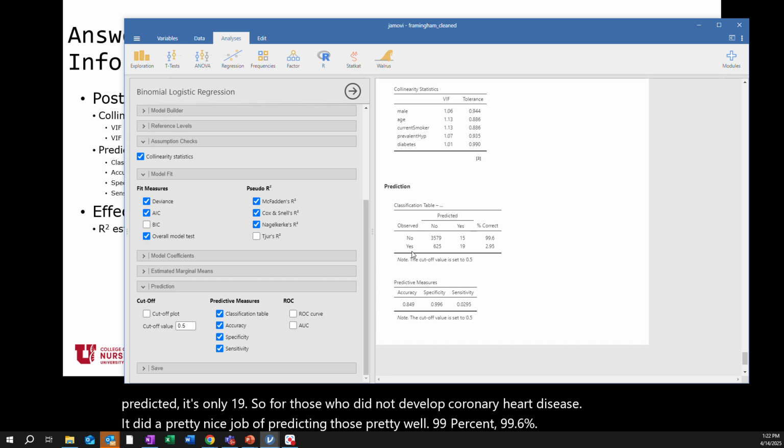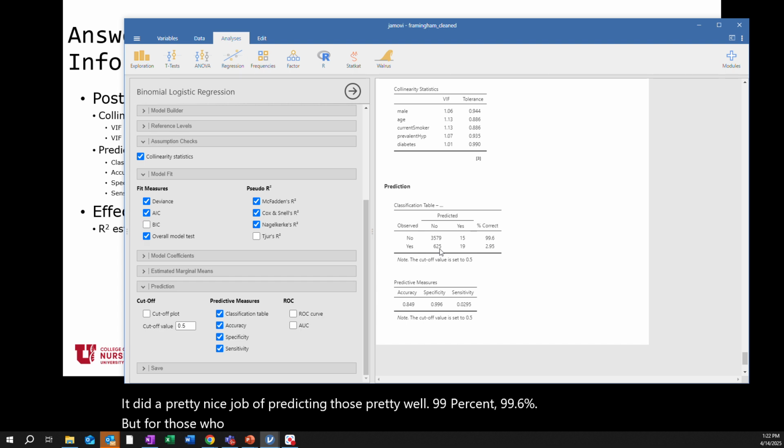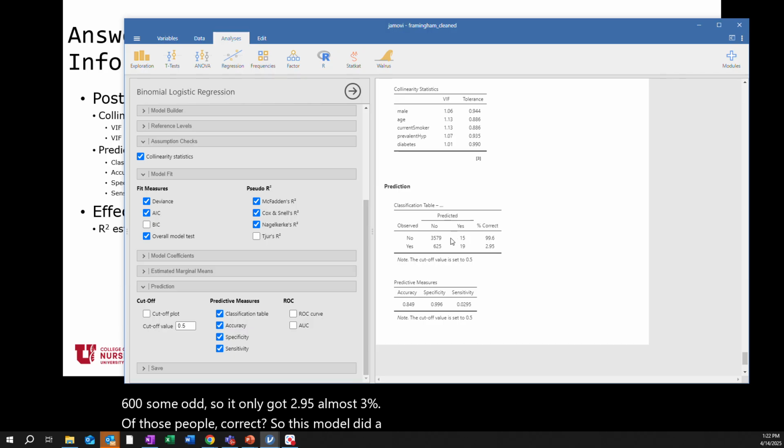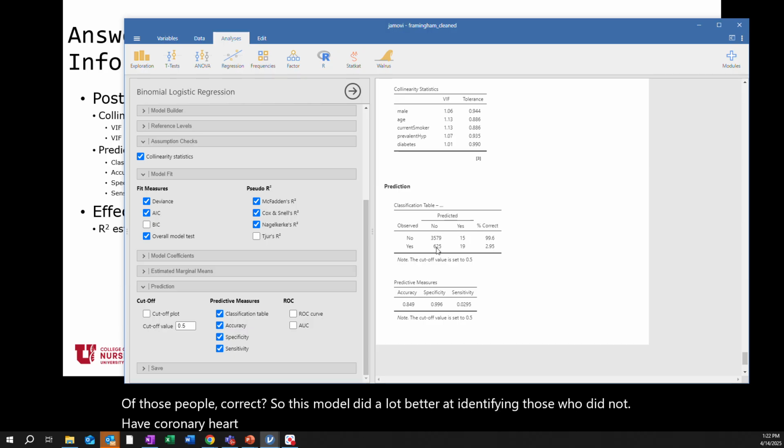But for those who actually did develop the disease, it only got 19 out of 600 some odd. So it only got 2.95, almost 3% of those people correct. So this model did a lot better at identifying those who did not have coronary heart disease compared to those who actually did develop it.